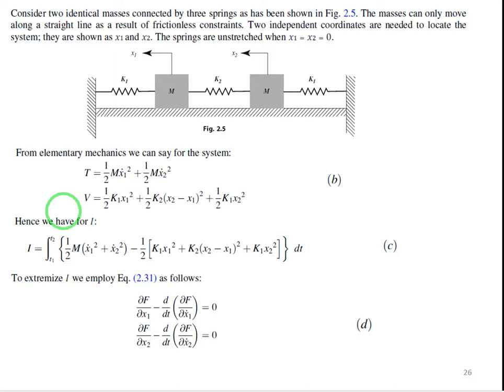Let's assume that the first mass is moving to the right by x1, and the second mass is moving to the right by the value of x2. So the displacement of the first mass is x1.